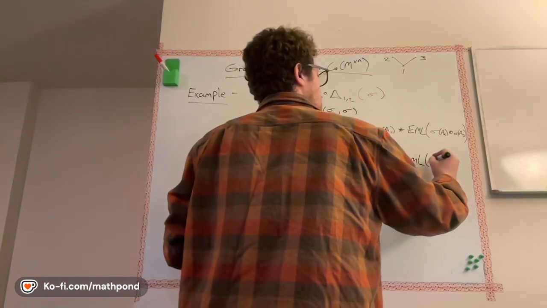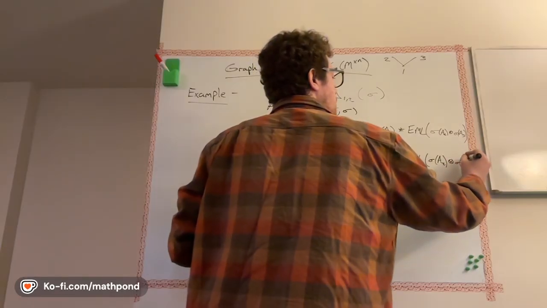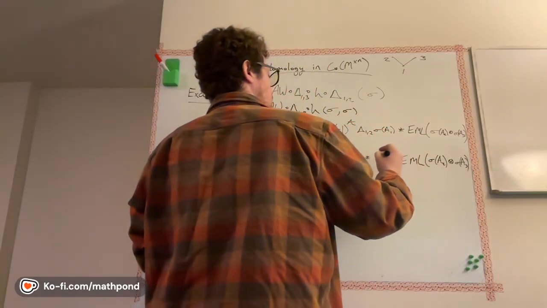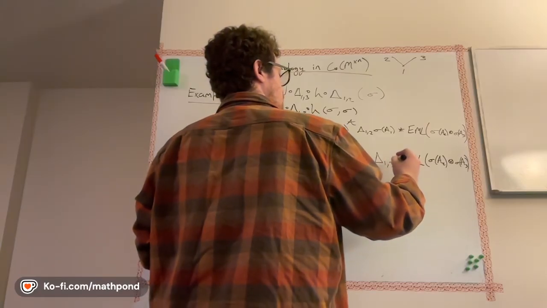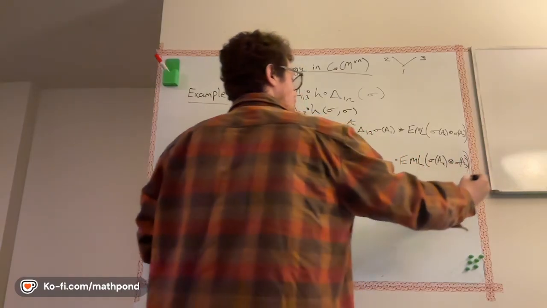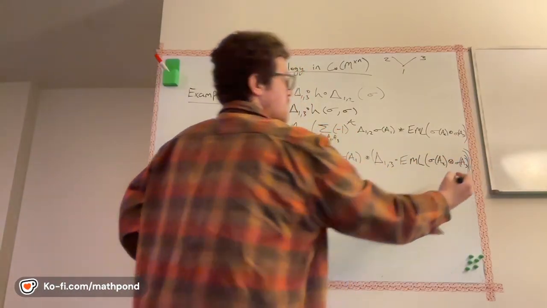So EML sigma of A2, tensor sigma A3, and then it's just going to be that. Okay, I think that's right.